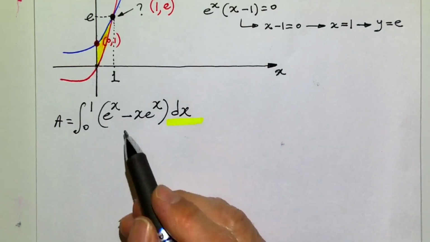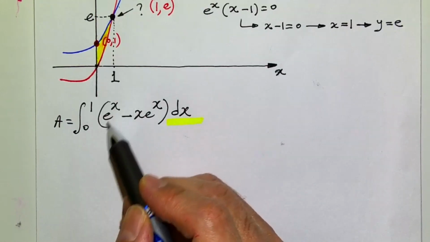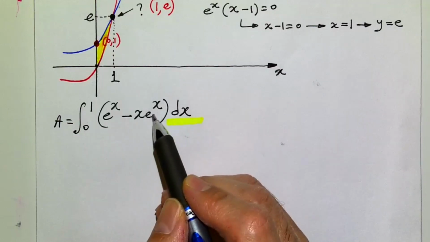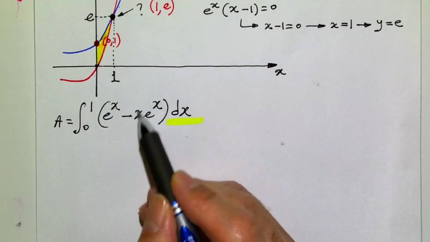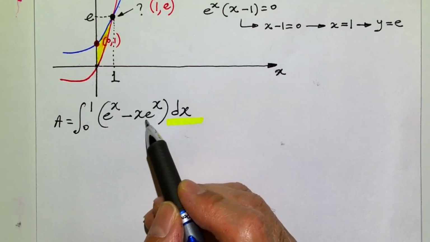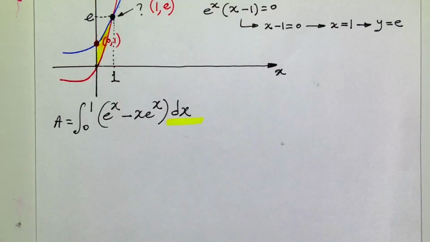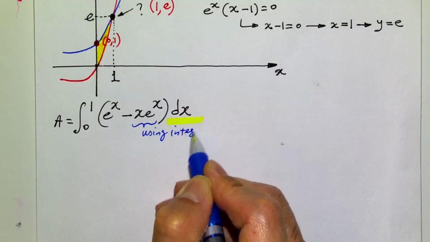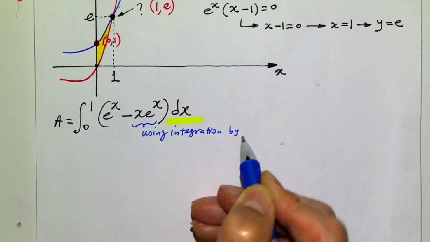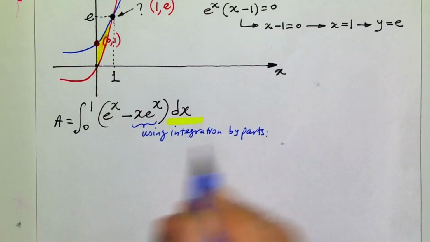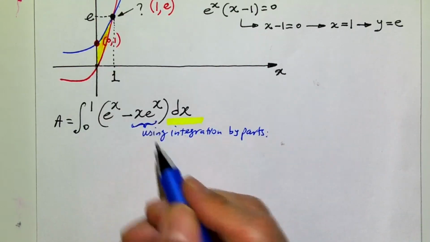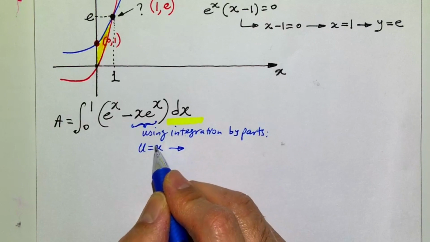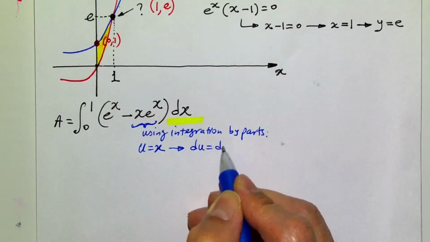The first term here is easily integrated. The second term, we've integrated this term before in the previous section, and we know that we have to use integration by parts. So let's do that. For just this term, let's set u equals x, and that means du is going to be dx.